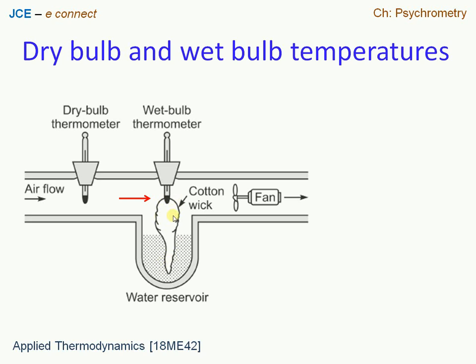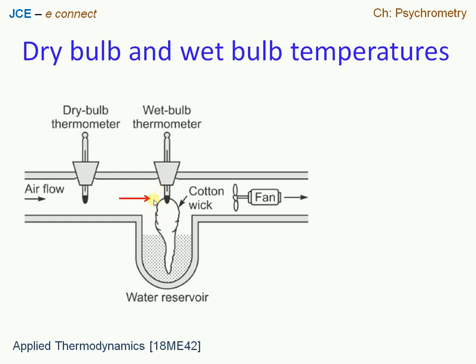and it is dipped in water, so it is completely saturated here. So what is happening here is, since the air is unsaturated and it is relatively at a high temperature, there is a heat transfer taking place between the air molecules and the cotton wick. The cotton wick is relatively at a cold temperature, so the heat from the dry air is going to penetrate into the cotton wick, and there is an evaporation which takes place across this.